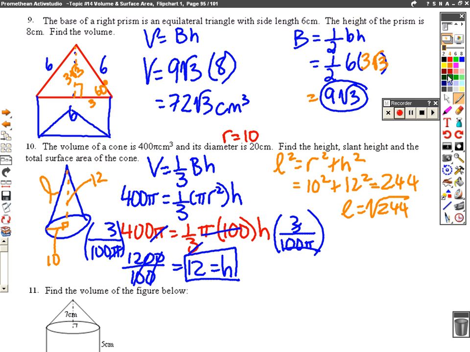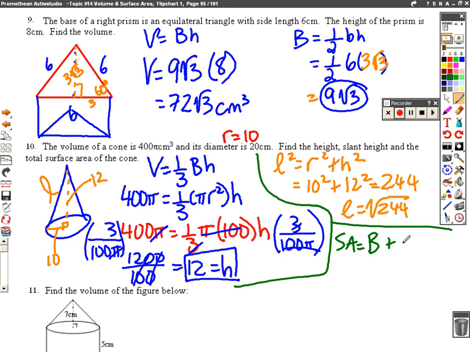And then finally, let's find the total surface area of the cone. The surface area of the cone is going to be one of those bases plus pi r L, L being the slant height. So the base is pi r squared plus pi r L. I'm going to plug everything in now that we know it.